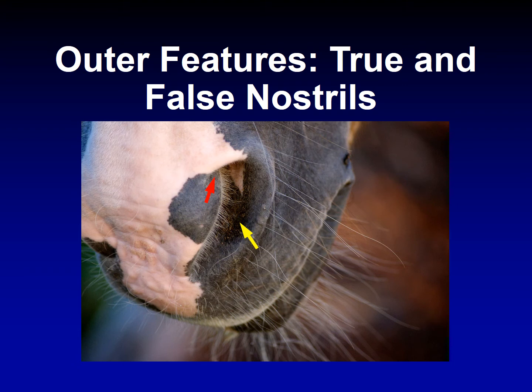The external features of the equine nostril consist of 2 structures, a true and a false nostril. The true nostril is the one indicated by the arrow in the bottom. The upper arrow points at the false nostril.